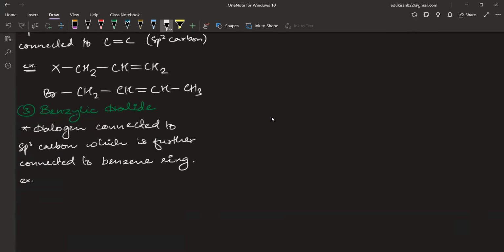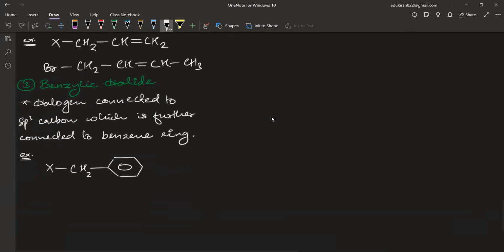Now for the example, again a similar example: halogen connected to sp3 carbon. The sp3 carbon will be CH2. This CH2 is further connected to a benzene ring. Easy, yes or no? Please tell me. Halogen connected to sp3 carbon, which is further connected to a benzene ring. So this group here is known as the benzyl group.